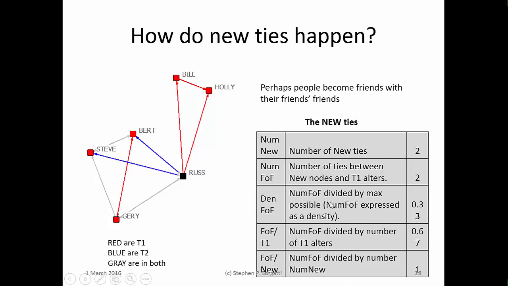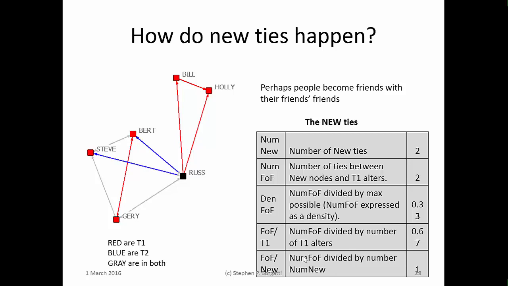We can measure that. We can measure how many of the new ties are friends of friends, friends of existing friends. And there's a lot of variations in this, which is why I don't want to get into it. But we can do that next time. But we're trying to get at now the motivations. We see the network changing, but why is it changing the way it is?